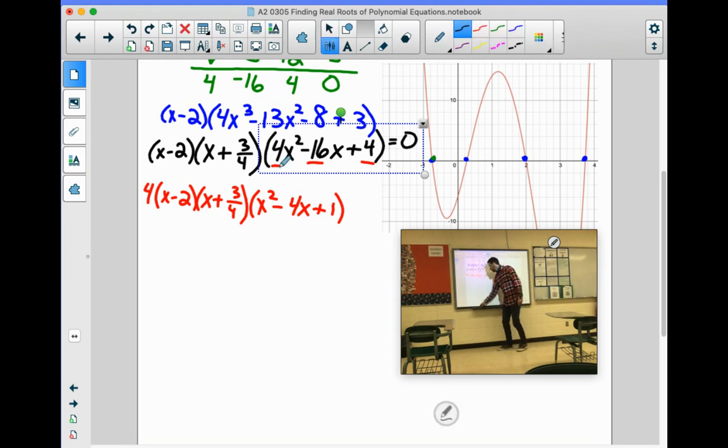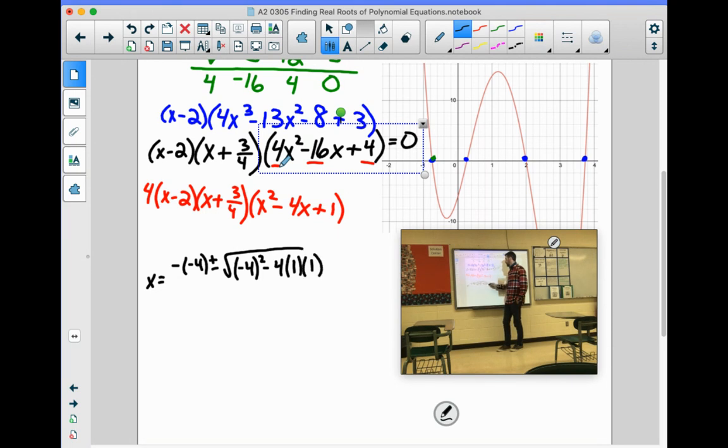So let's see. Negative b, so opposite of -4, plus or minus square root of b squared minus 4ac. All of that is over 2a, and a is 1.